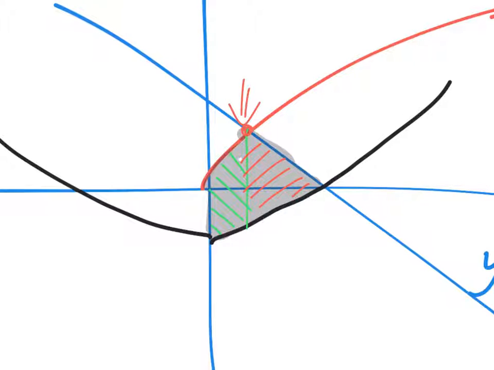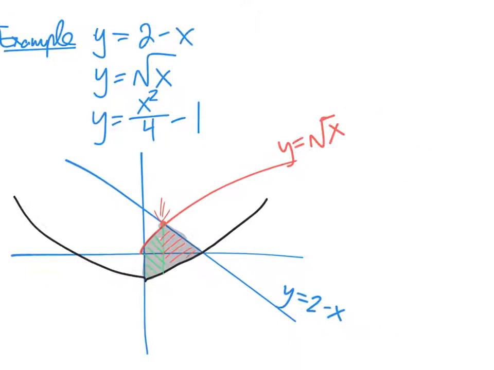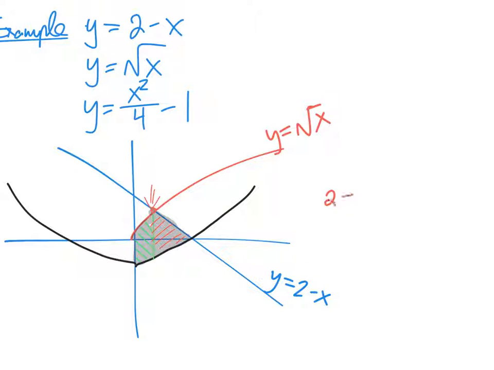And how are you going to do that? Make the 2 curves equal to each other. 2 minus x is equal to square root x. Then we need to figure out where they intersect, and according to this graph, there should only be 1 point. Do you guys remember how to do a square root? Square both sides.